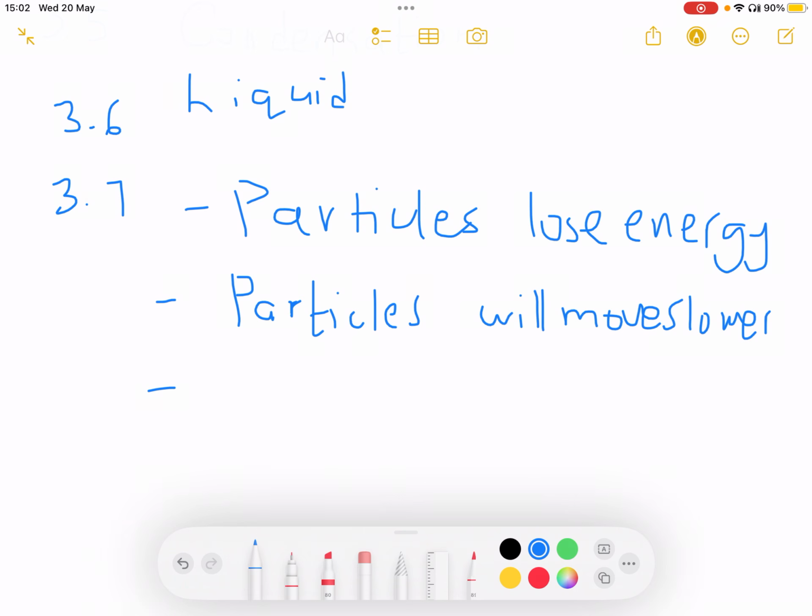And as they move slower, now they come closer together. They are going to form bigger molecules. And depending on where they are, if it's a kettle, if it's a beaker, they will form forces of attraction.